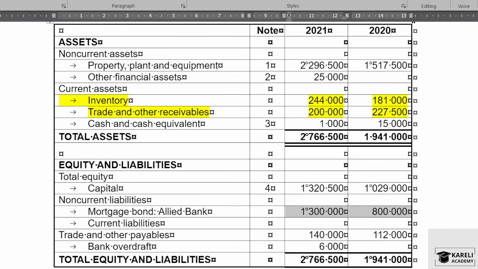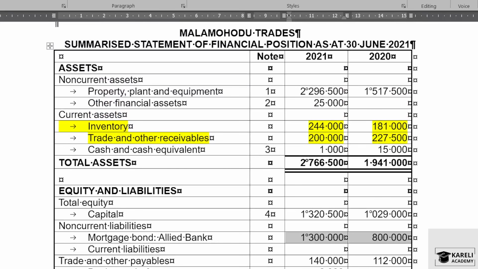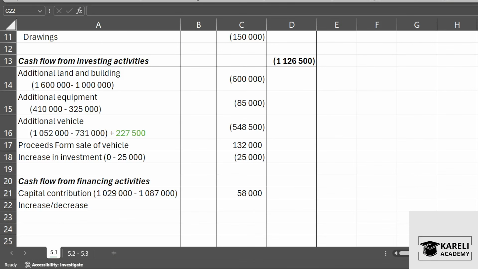Now, from 2020-2021, it was an increase from 800 to 1.3 million. It was an increase. Therefore, we will say an increase on mortgage bonds.